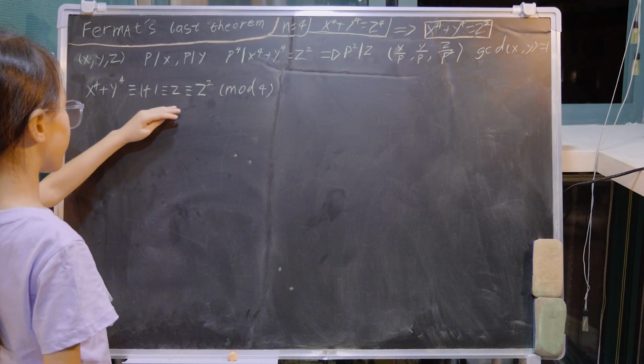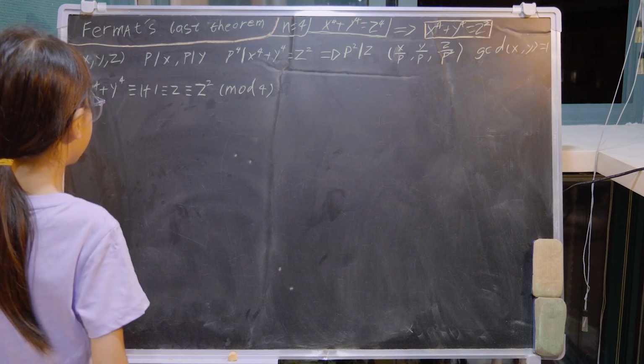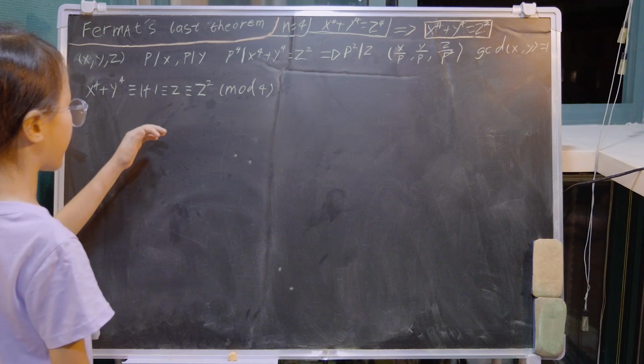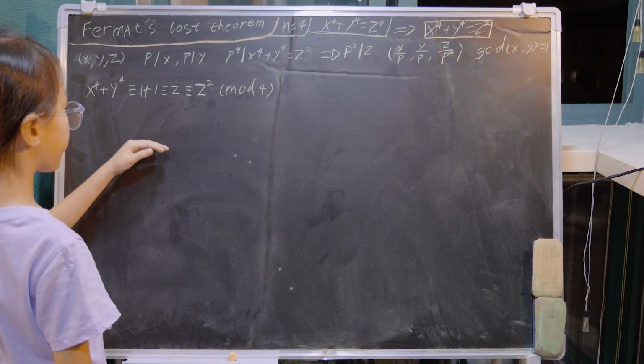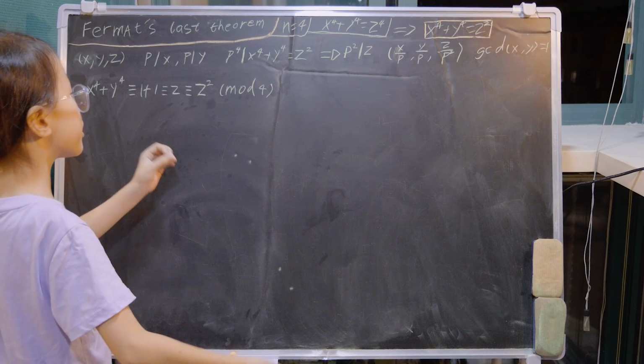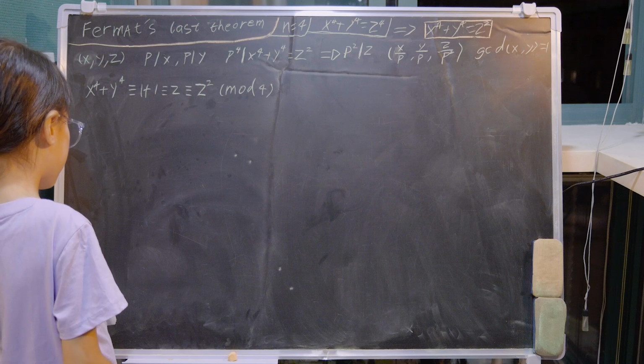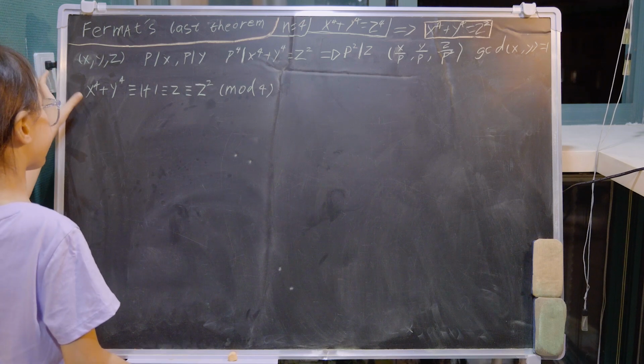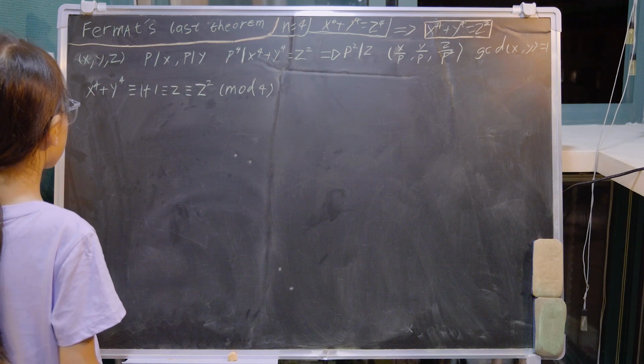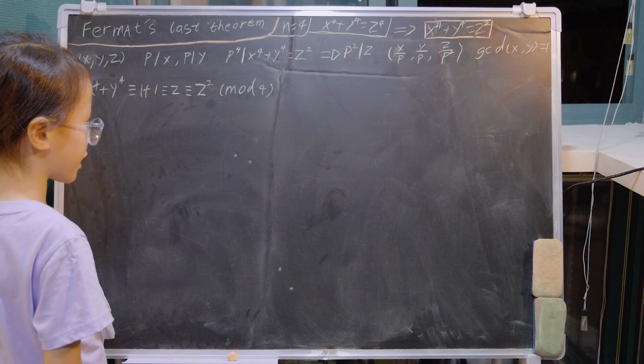Now z to the 2 is congruent to 2 mod 4, and none of the perfect squares are like this. So z to the 2 is not a perfect square, so that's not right. So only x and y can be of opposite parity.